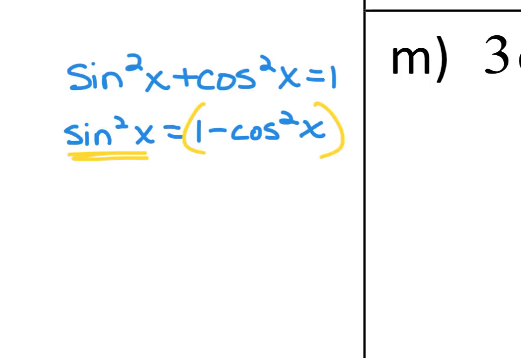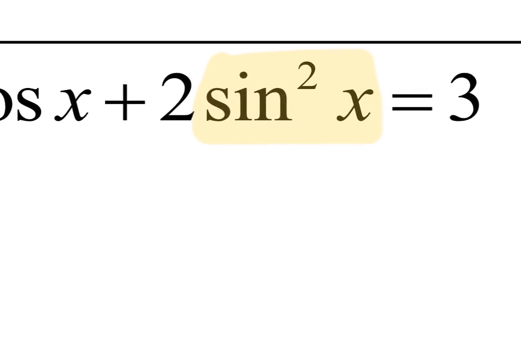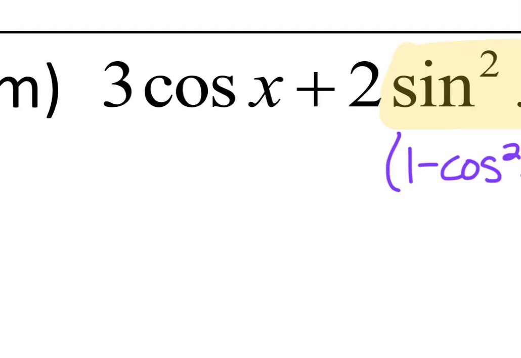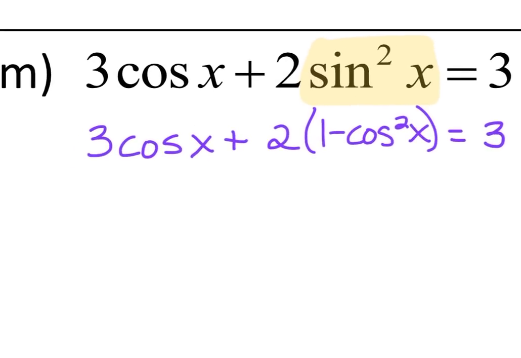So my first step here is I am going to rewrite the whole problem with sine squared of x replaced by 1 minus cosine squared of x. So 3 times cosine of x plus 2 times the quantity 1 minus cosine squared equals 3.